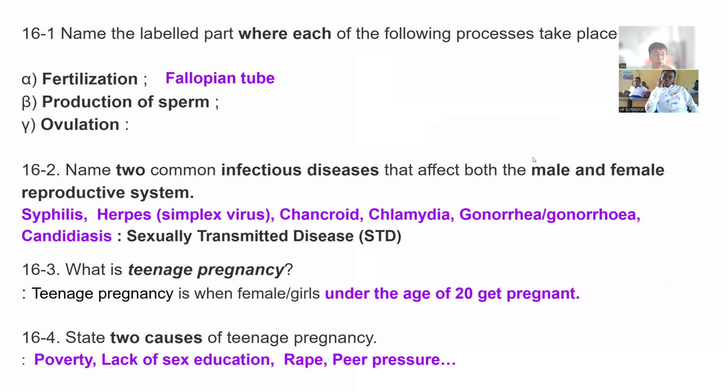These are just important parts where fertilization occurs. Remember, fertilization occurs in the fallopian tube, production of sperm occurs in the testes, and ovulation occurs in the ovary. I think this is the only important section.